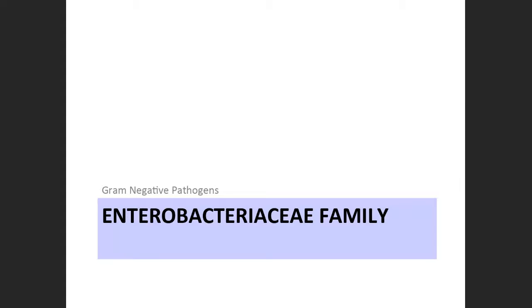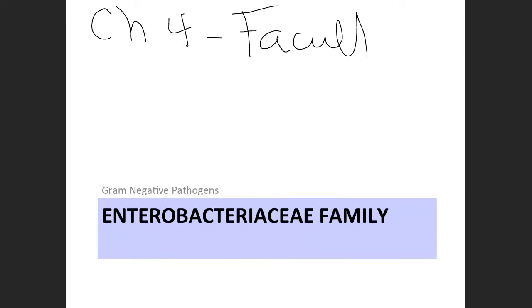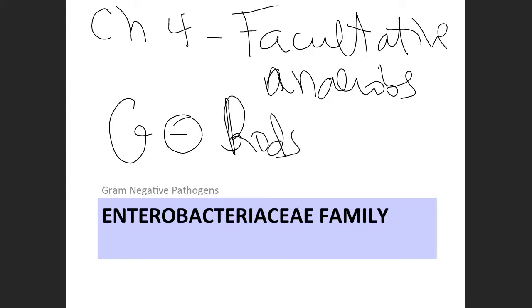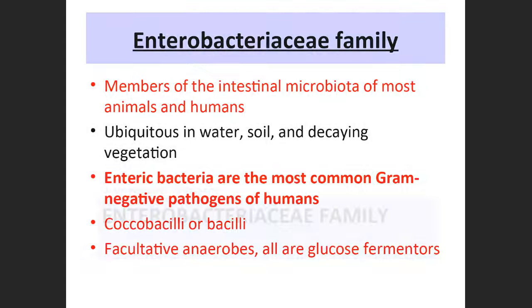The next group is not a genus, it is a family, the Enterobacteriaceae family, which we first encountered in chapter 4 when we were talking about facultative anaerobes. So this is a family of gram-negative rods, which are facultative anaerobes.